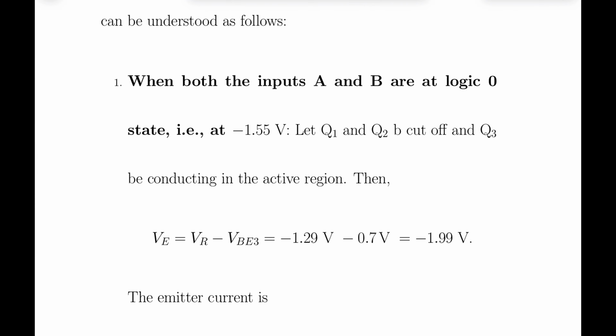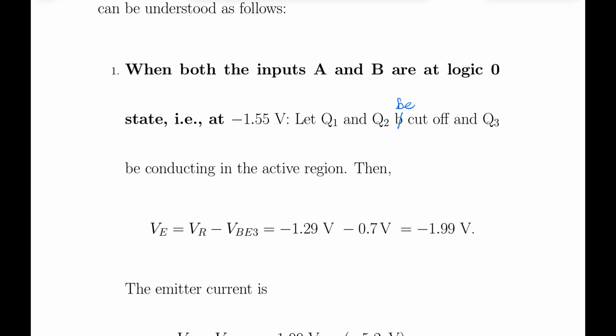What is VE? VE is the potential at the emitter of transistors Q1, Q2 and Q3, which are connected together. So VE is equal to VR minus VBE3. VR is the potential applied at the base of transistor Q3, which is -1.29 volt.